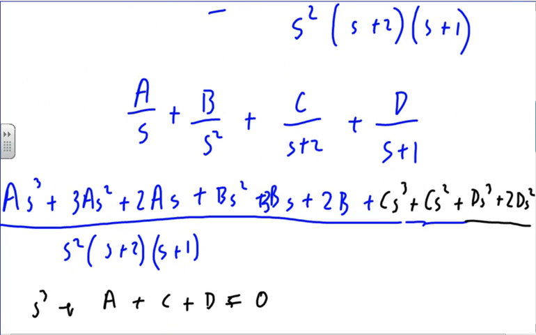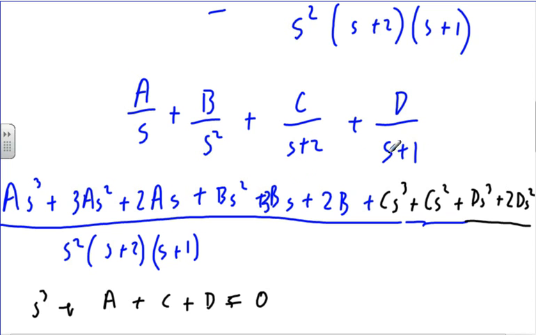I'm going to make a partial fraction a over s plus b over s squared plus c over that plus d over that. Okay, so I got to multiply this times s to get that guy. as cubed, 3as squared, 2as.